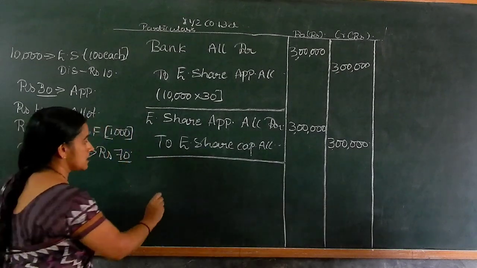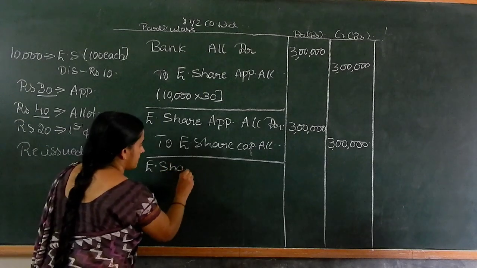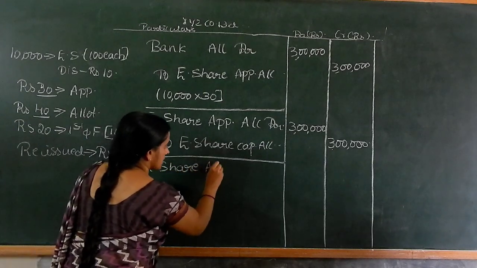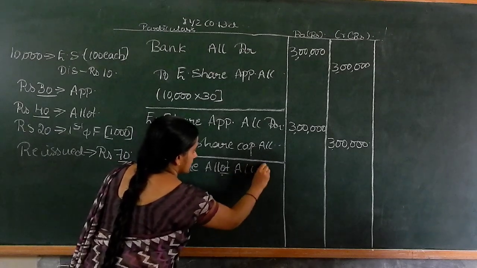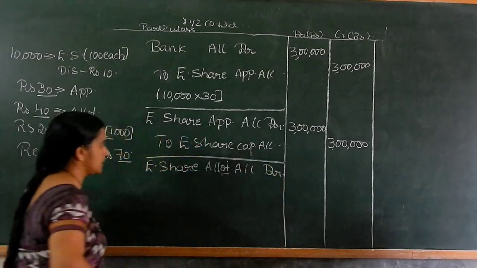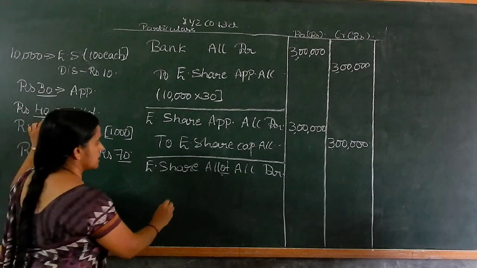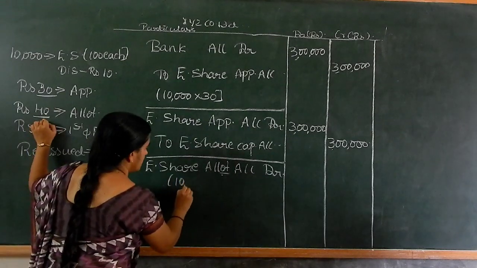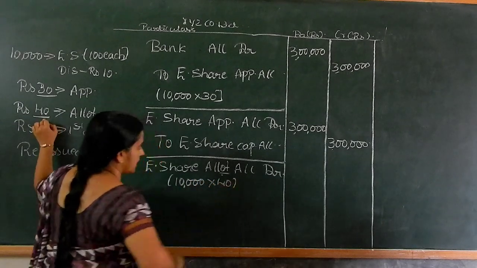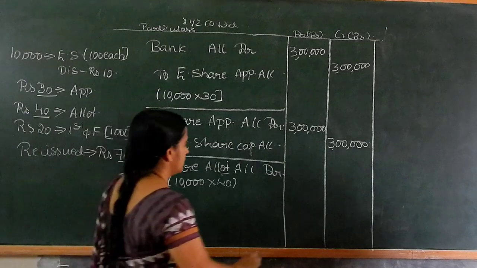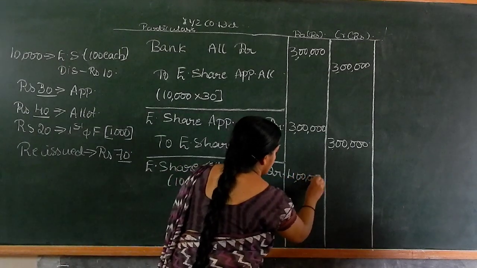So equity share allotment account is debited here. What is the amount to be debited? Now 40 on allotment means 10,000 equity shares into rupees 40, that is 4 lakh.